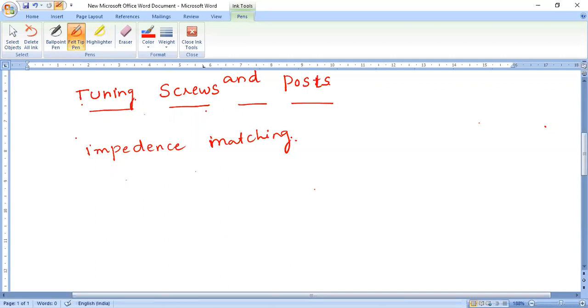Even in waveguides, when you feed the signal, if the impedance matches, then the signal propagates inside the waveguide. If the impedance is not properly matched, some of the signal is returned back. That is called a standing wave. We measure the standing wave ratio, SWR or VSWR, voltage standing wave ratio.